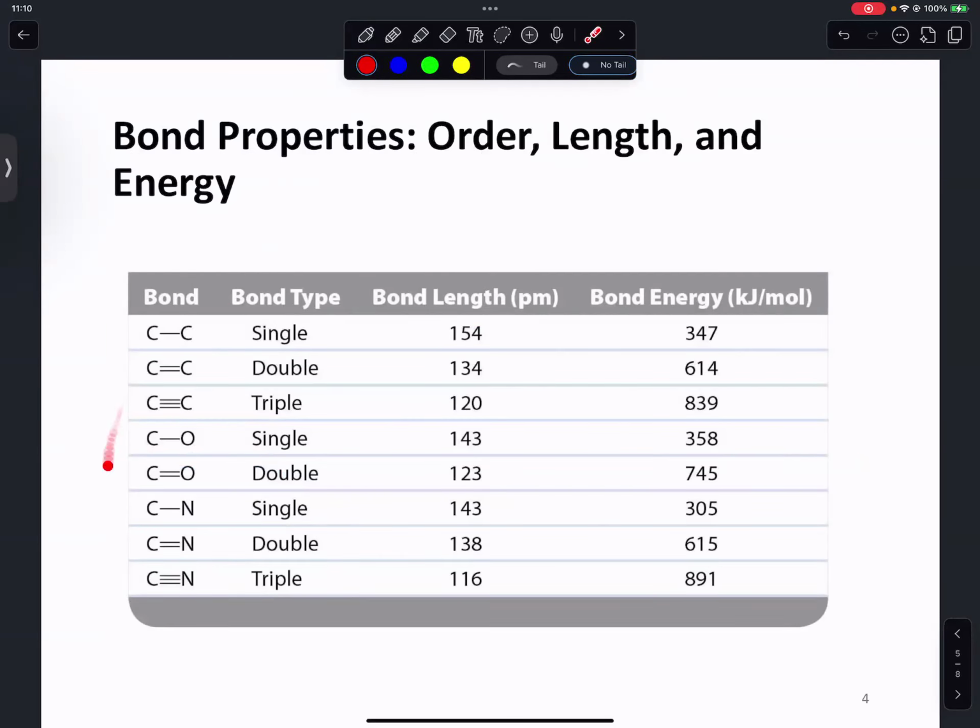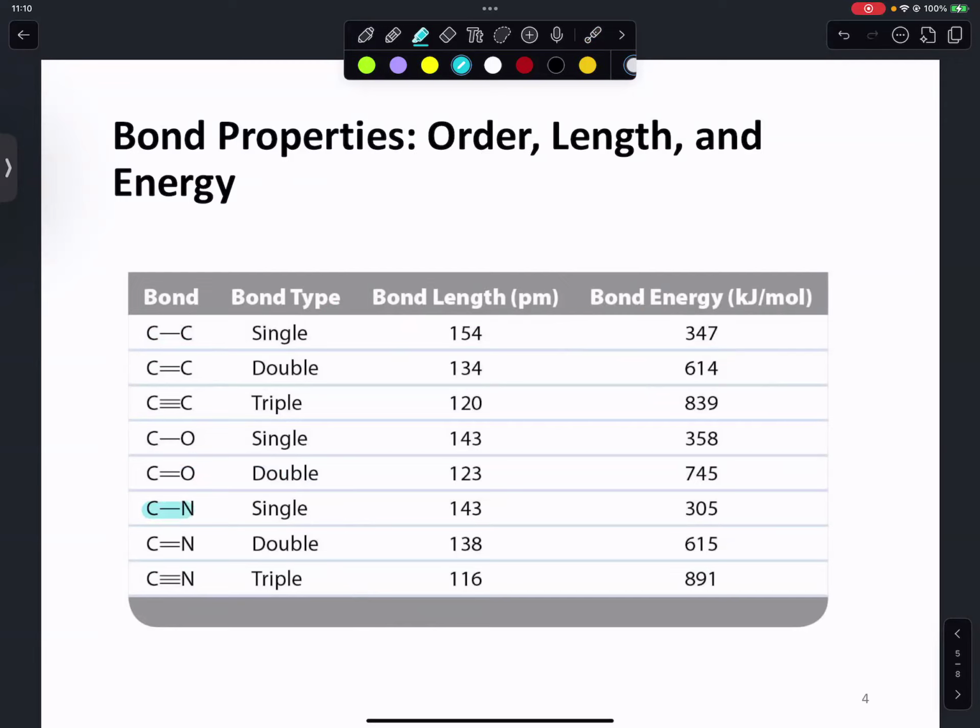Now, here is a table to show you how bond lengths are related to bond energies. For example, let's choose two elements, something like carbon and nitrogen.